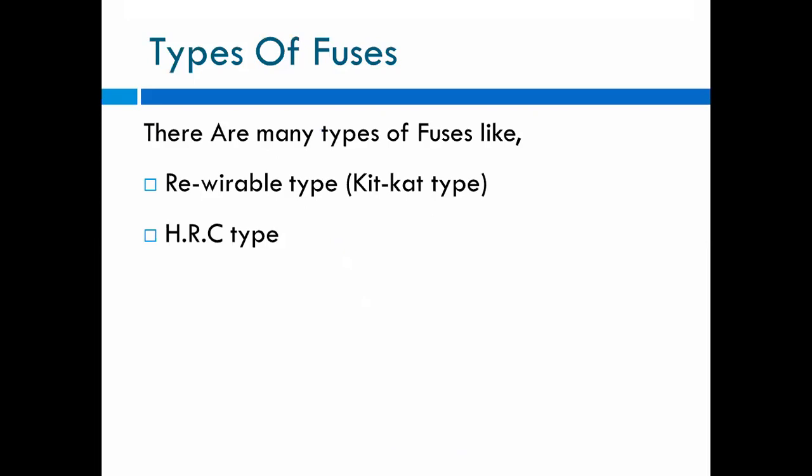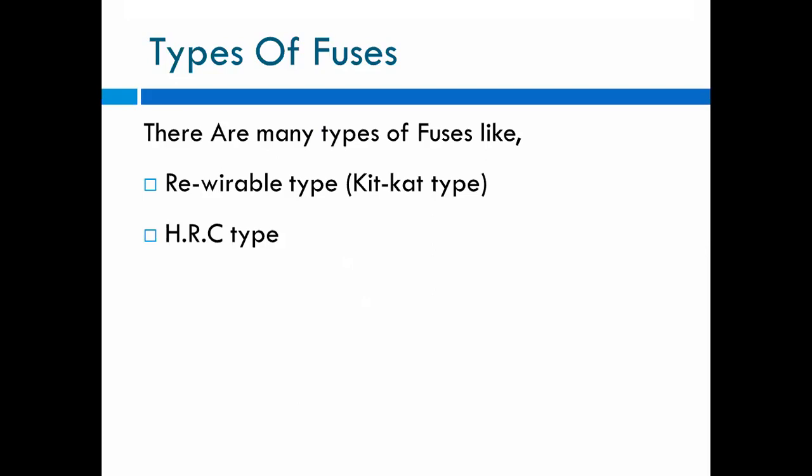Then there are two types in your syllabus, that is the rewirable type, also called the KitKat type fuse, and second is the HRC, means high rupturing capacity fuse, right? The rewirable fuses are the ones we use at home, where your main supply comes at your meter. There is a rewirable fuse, also called the KitKat fuse.